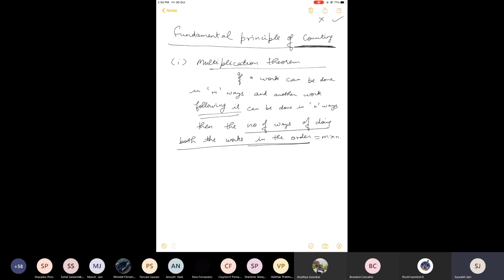Okay, let me take the example now. What is this work and ways, and why multiplication? How to relate it with questions. So I have a question. Suppose a person has three trousers and two shirts.